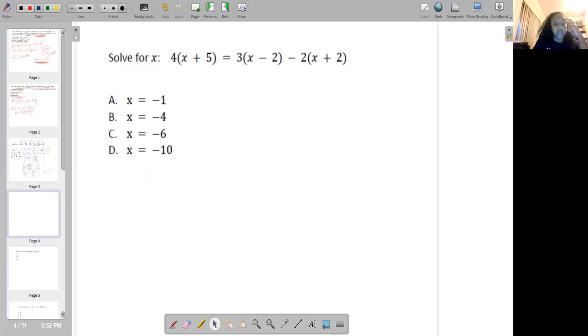But they're giving you a whole bunch of possibilities that x can be. So since they're giving that to you, what that means is we can plug in these x values into the equation and see if it's true. So for example, if I chose to start with that negative 1, and let me see something real quick.